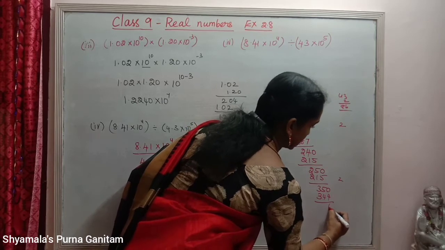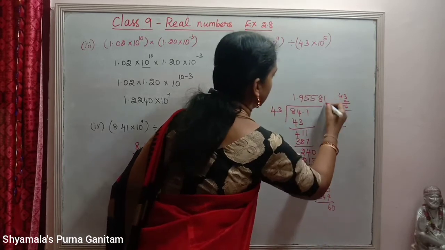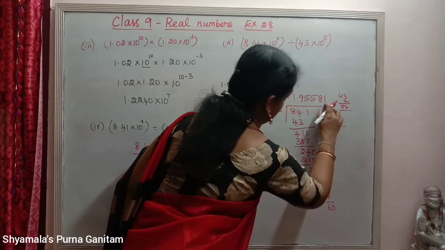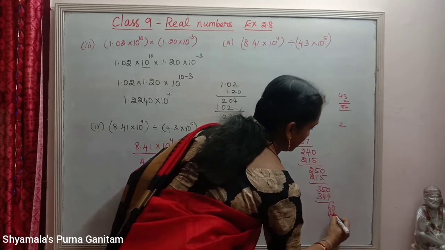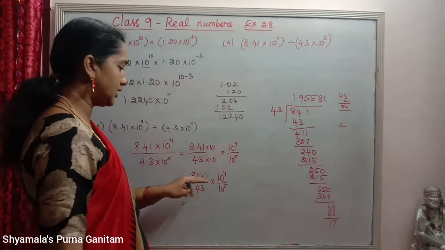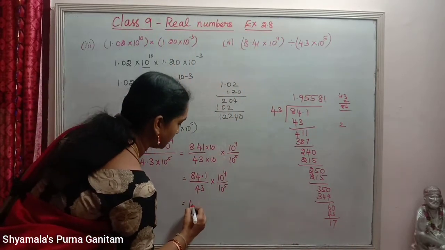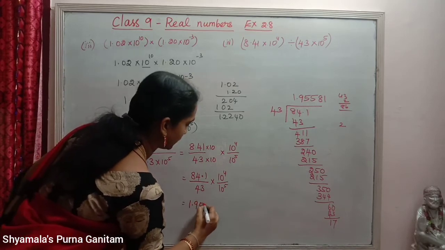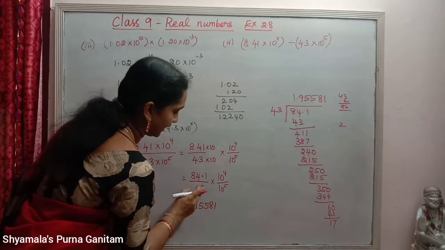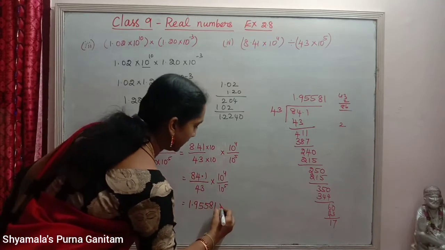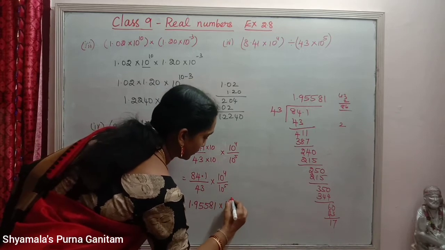Balance is 60, only one time it will go. Balance is 70. It will be continuing, so we will leave that. We stop there. We are getting 1.95581 when dividing 84.1 by 43 into 10 power 4.